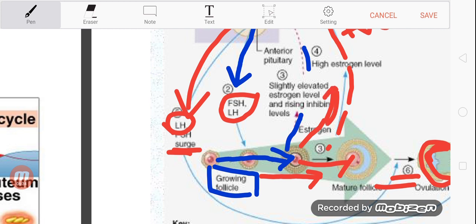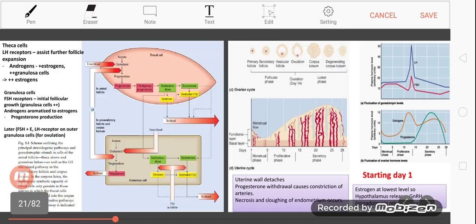The estrogen is actually not secreted by granulosa cells alone. It's an interaction between theca cells and granulosa cells. The theca cell is the outer layer of follicle cells.